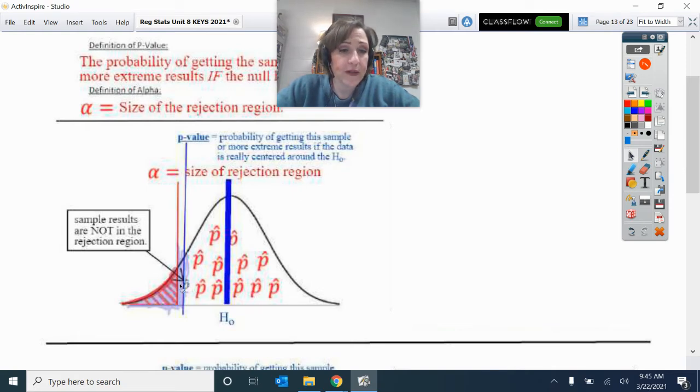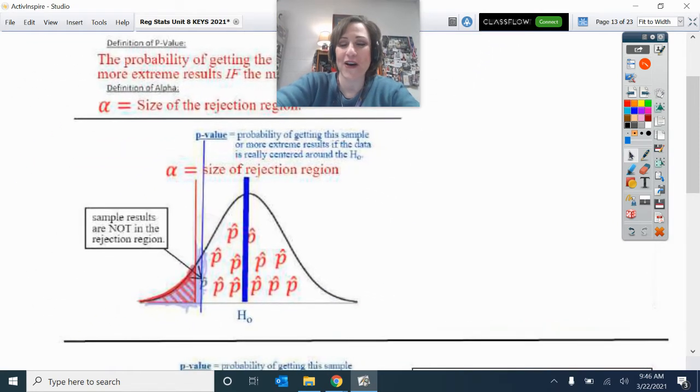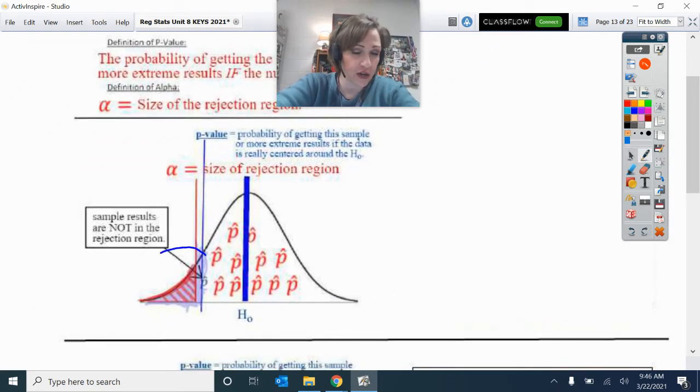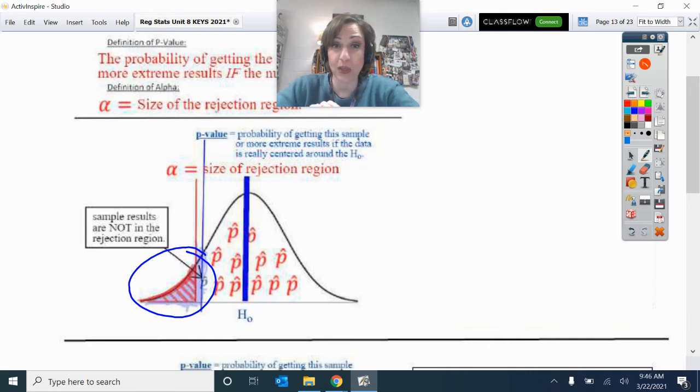Now, here is the sample that we got, the p-hat. So, as we have been doing, here's the p-value, this area to the left. So see all of this section here that is blue is the p-value, the probability of getting that sample or something more extreme.